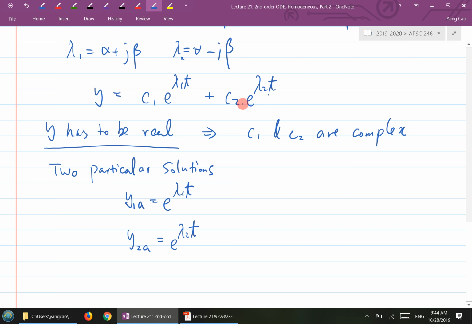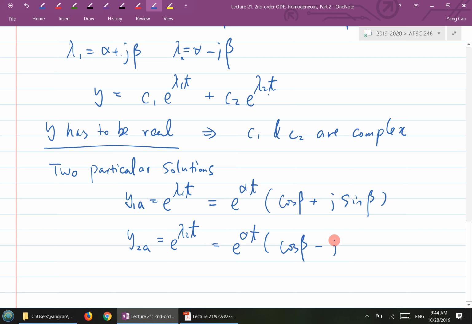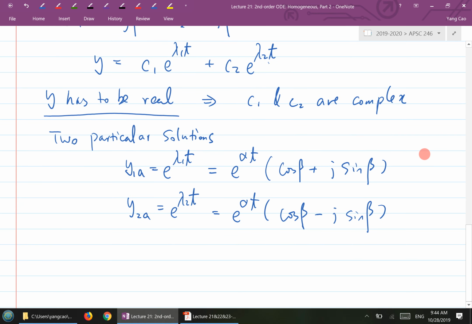So for the first particular solution, if I plug lambda 1 into this exponential function, lambda 1 is alpha plus j beta, so we get e to the power of alpha t, and inside is cosine beta t plus j sine beta t. And for this one, you get e alpha t times cosine beta t minus j sine beta t. Those are the two particular solutions, and they're complex.